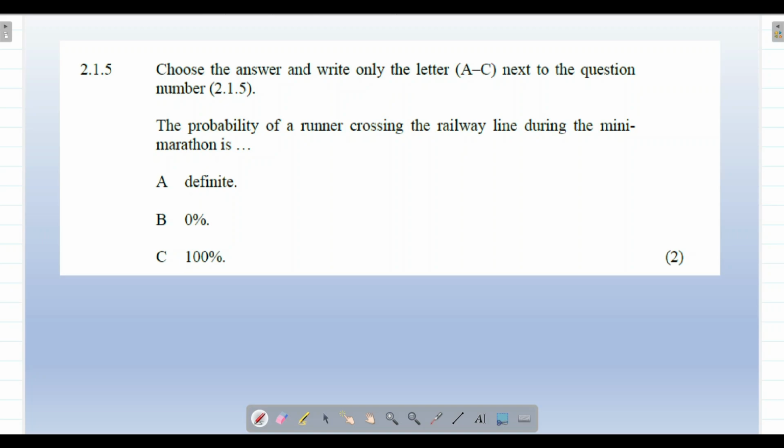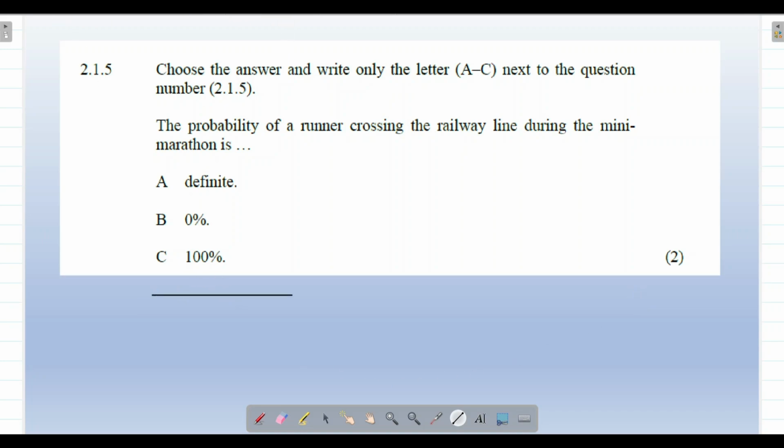What is the probability of a runner crossing the railway line during the mini? Okay, so it says, sorry, not what is the probability. The probability of a runner crossing the railway line during the mini marathon is it definite? Is it 0%? Is it 100%? Before we can even answer this question, guys, we need to understand the whole concept of probability.